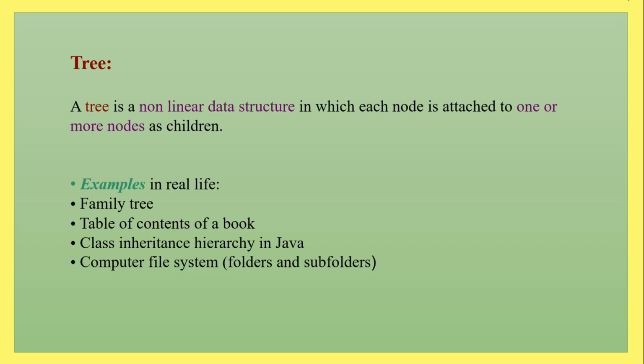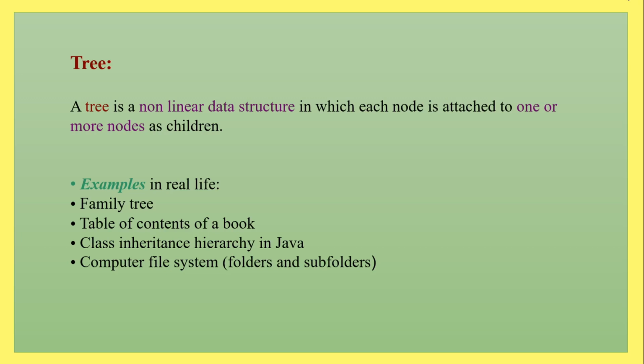In previous videos you learned about arrays, linked list, stacks and queues. These are all linear data structures. Trees and graphs are non-linear data structures.